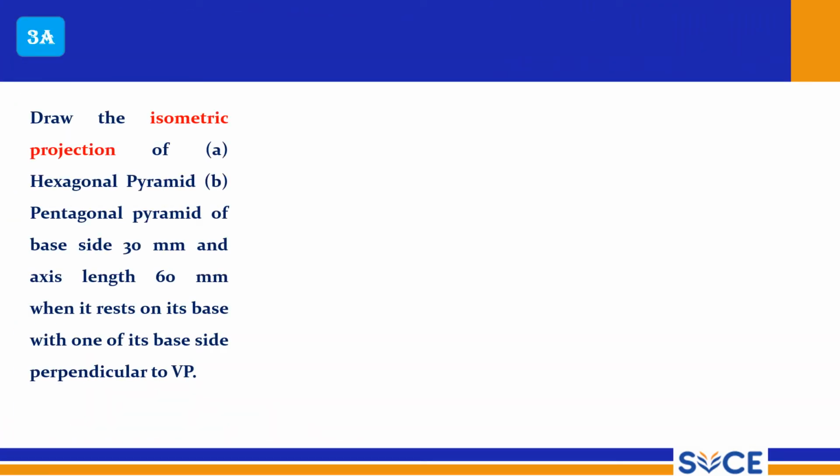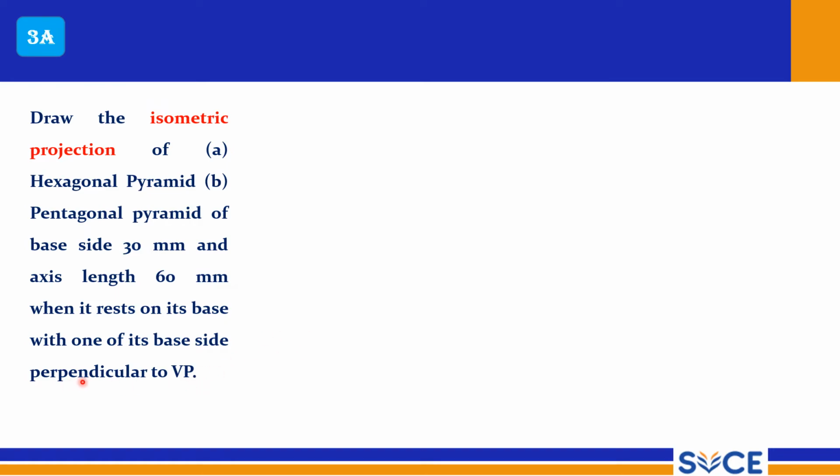And the third question, draw the isometric projection of A part is a hexagonal pyramid, B part is a pentagonal pyramid of base height 30 mm and axis length 60 mm, when it rests on its base with one of its base sides perpendicular to VP. So one of its base sides is perpendicular to VP. So the orientation you should draw carefully.